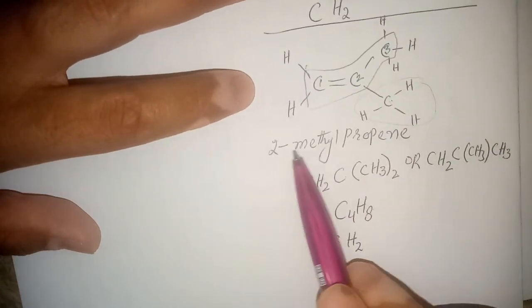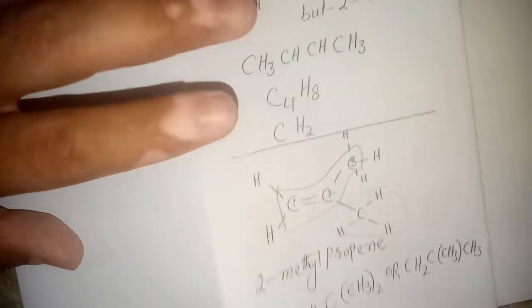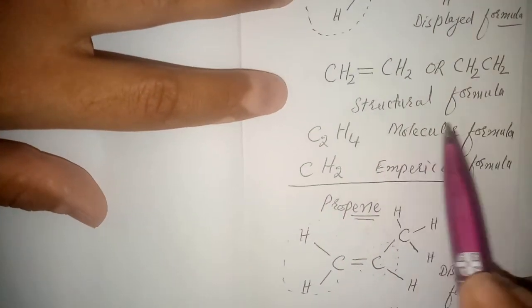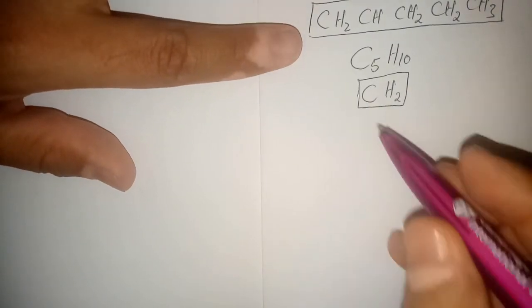In 2-methylpropene we also have the same empirical formula. And previously we discussed ethene and propene, which have the same empirical formula. Now in the exam it can be asked why alkenes have the same empirical formula.